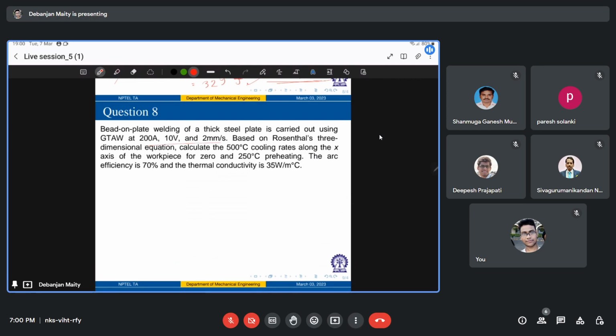Based on Rosenthal's three-dimensional equation, you need to calculate the 500 degrees C cooling rates along the x-axis of the workpiece for two different preheating temperatures. The arc efficiency is provided as 70% and the thermal conductivity is given as 35 watt per meter degree C.